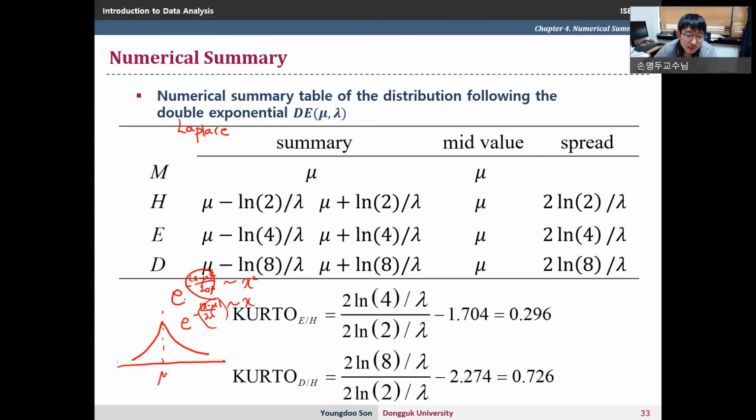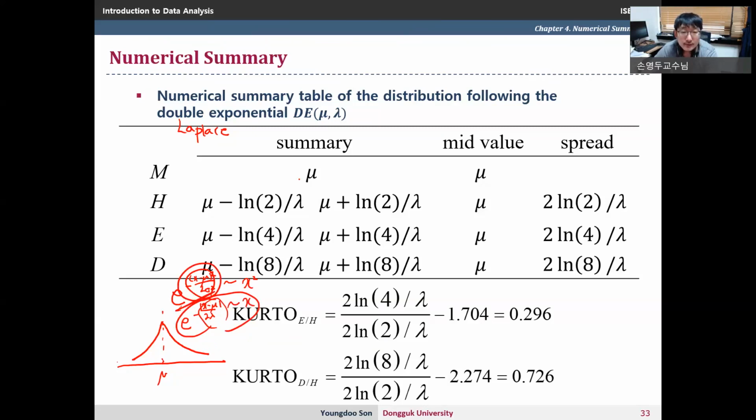So the Gaussian distribution diminishes faster compared to this exponential distribution. In other words, the exponential distribution has a fat tail because it diminishes more slowly than the normal distribution.